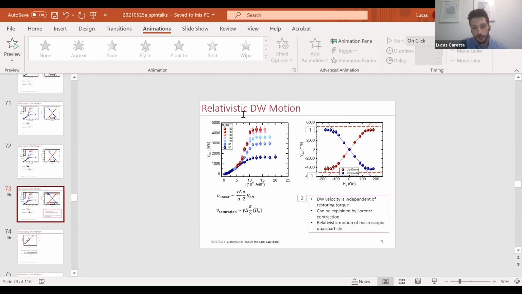I'll point out that this speed limit of close to 5,000 meters per second is very materials dependent. It's a function of the exchange as well. So if you choose a material system with different parameters, you can go to even faster velocities.